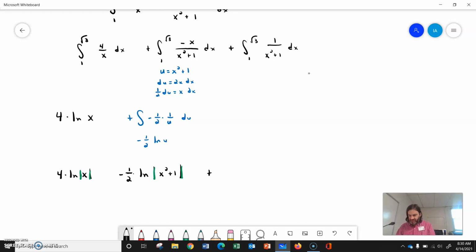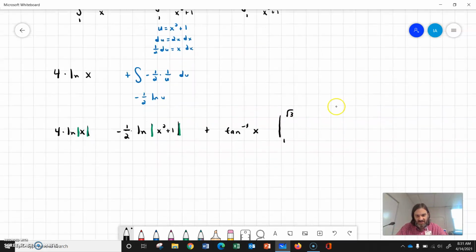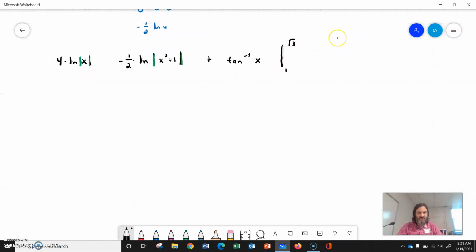So the a is 1 anyway, so it'd be tangent inverse of x over a, so just tangent inverse of x. And this is going to be from 1 to square root of 3. So we've got the integration done. Now we just got to plug in. Long problem, but that's what we're doing. We're doing things that we weren't able to do before.